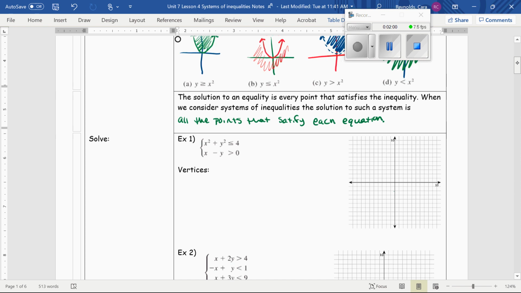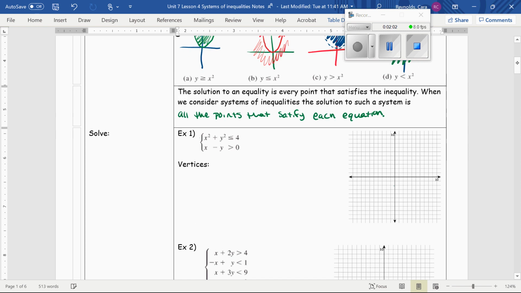Okay, so for example, here is a system with a circle and a line. So recognizing the type of function based off of previous units, this circle has a center of 0, 0, remember your h and your k, and a radius of 2 because this is r squared. So we have our center at 0, 0. I'm going to go 2 up, 2 left, 2 down, and 2 to the right.